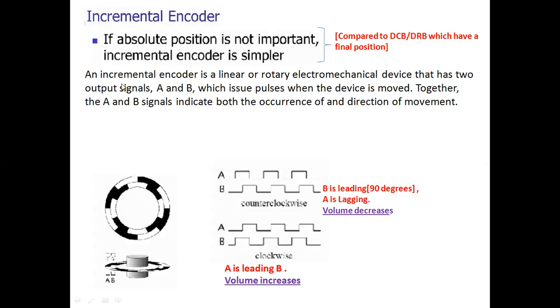An incremental encoder is a linear or rotary electromechanical device that has two output signals A and B, as shown here.